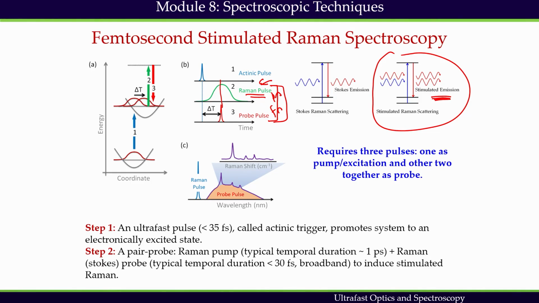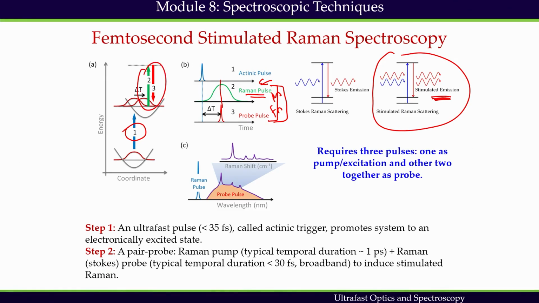The following steps are followed. An ultrafast pulse, which is called actinic pump or trigger, initiates photophysics or photochemistry of a sample in solution by promoting the system to an electronically excited state. So, this excitation is electronic excitation from ground state to the electronic excited state. This excitation is followed by probing the excited state system using two pulses.